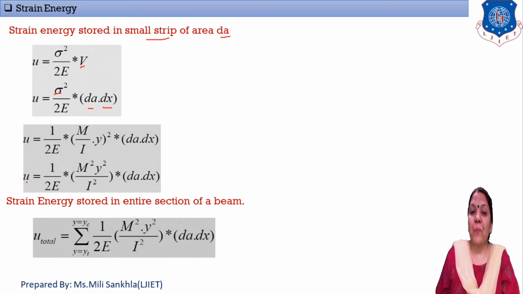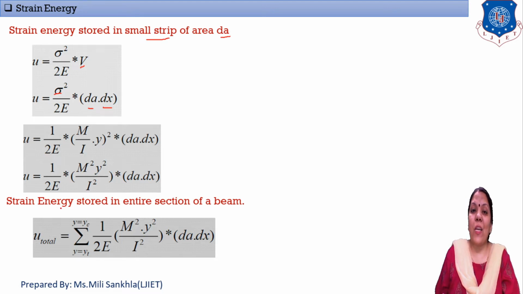Now one by one, strain energy U is equal to 1 by 2E, M square y square divided by I square, dA into dx. This is the strain energy stored in a small strip. First we find the strain energy stored in a strip.